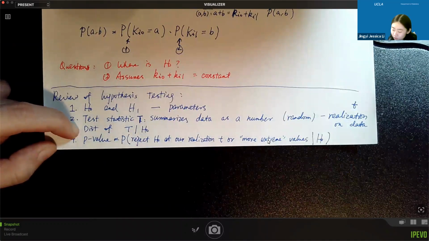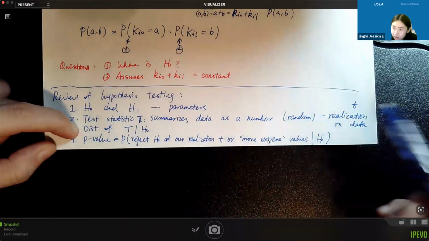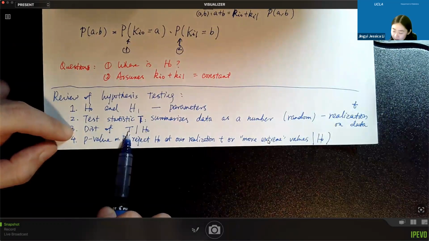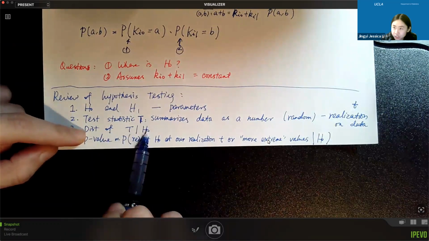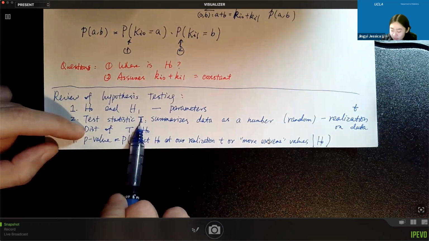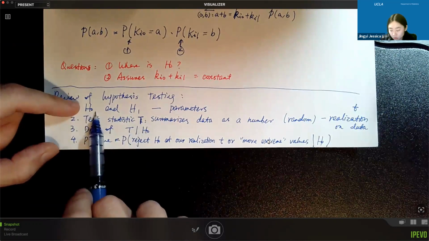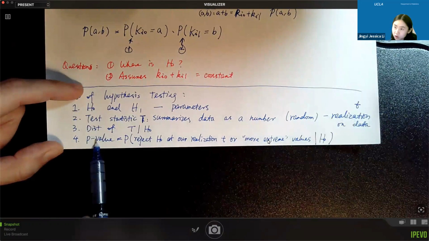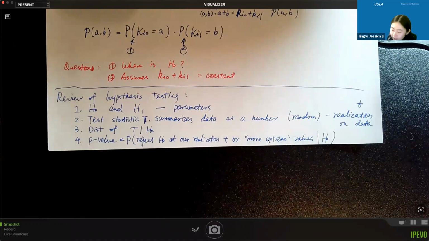It depends on your actual data, while the distribution does not depend on your actual data. This is hypothetical. It just depends on the distribution you assume that the test statistic will follow under the null hypothesis.